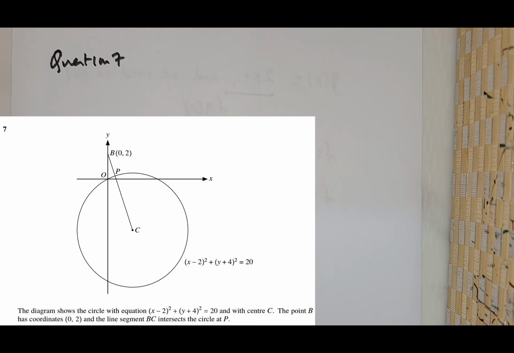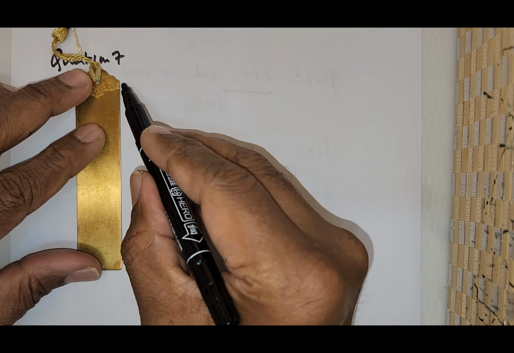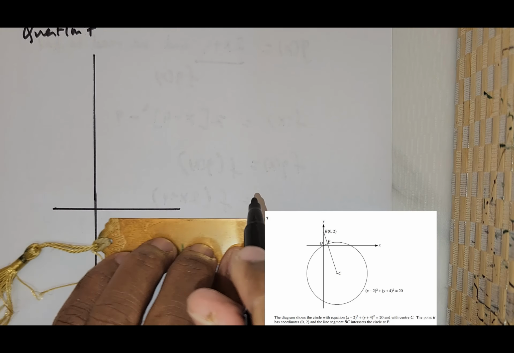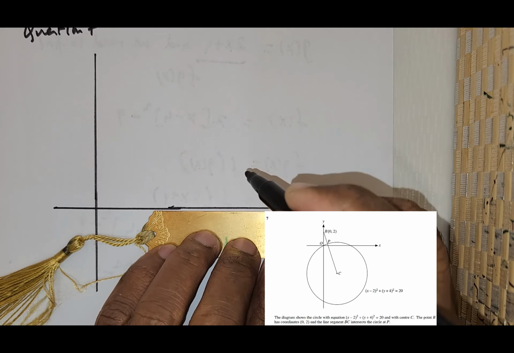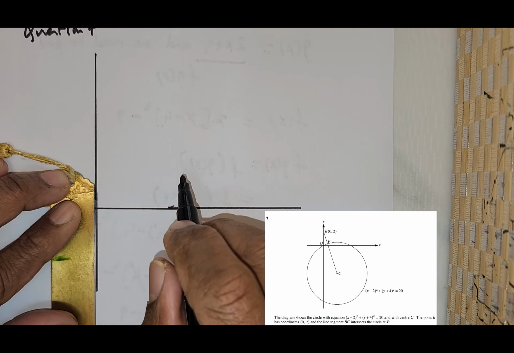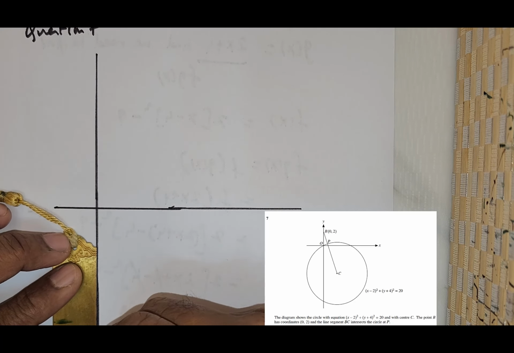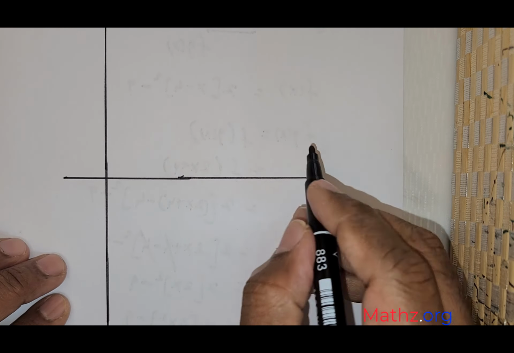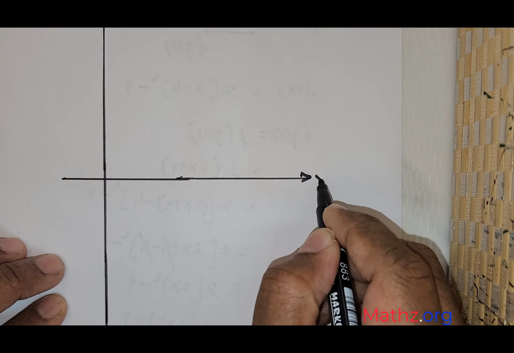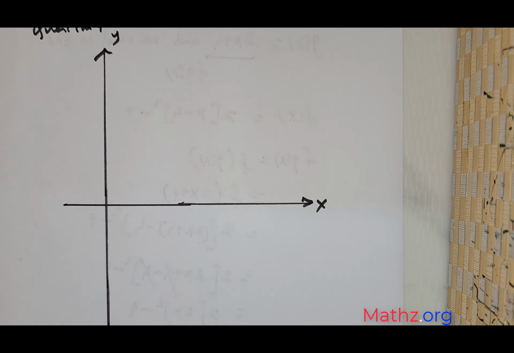Number 7. Now we need to draw this to show you the figure. So you have the x-axis and the y-axis.